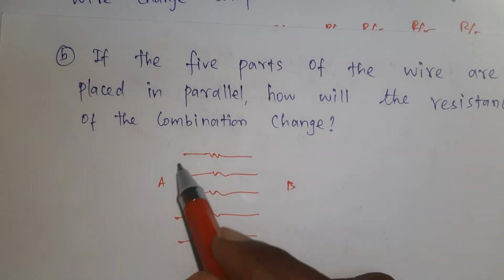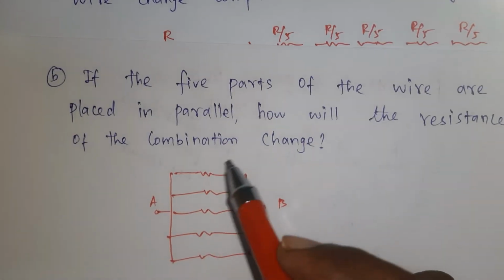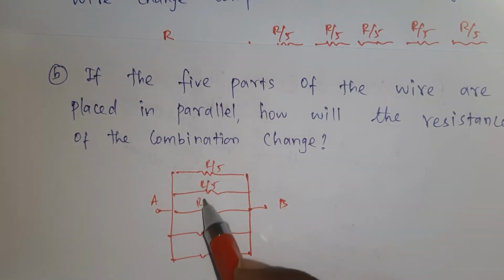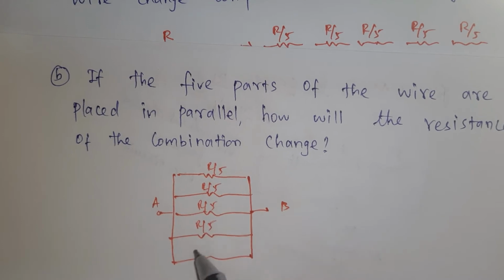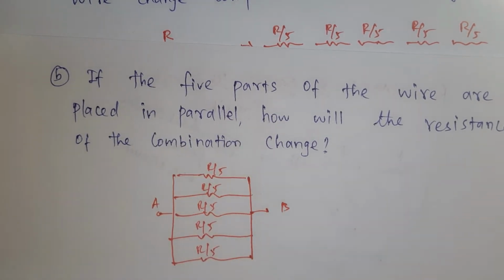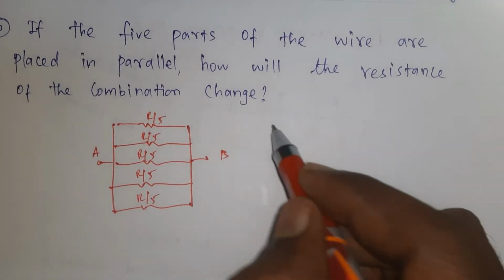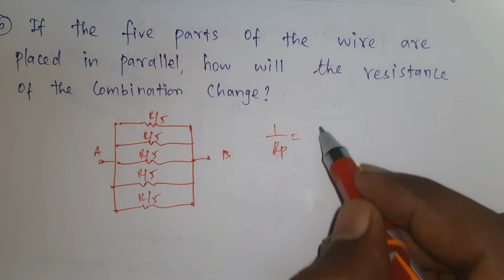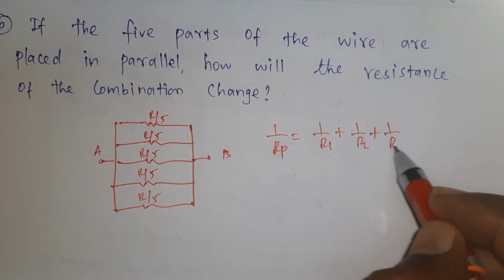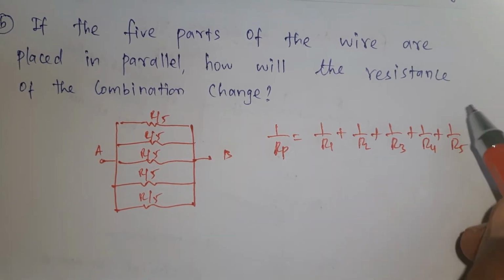Each resistance value is R by 5, R by 5, R by 5, R by 5, R by 5. All are connected in parallel according to the question. Now the effective resistance formula in parallel, 1 by Rp is equal to 1 by R1 plus 1 by R2 plus 1 by R3 plus 1 by R4 plus 1 by R5.